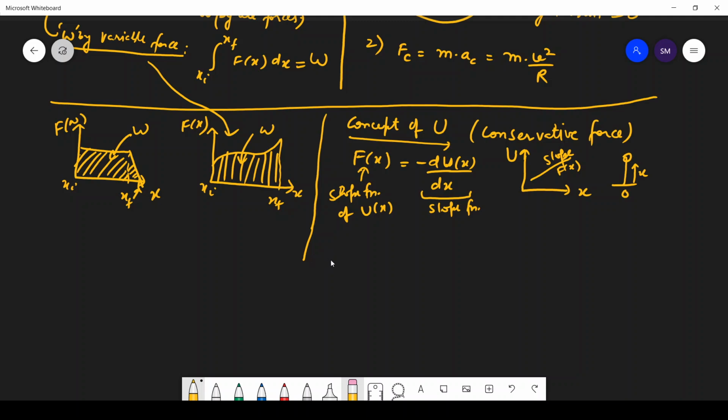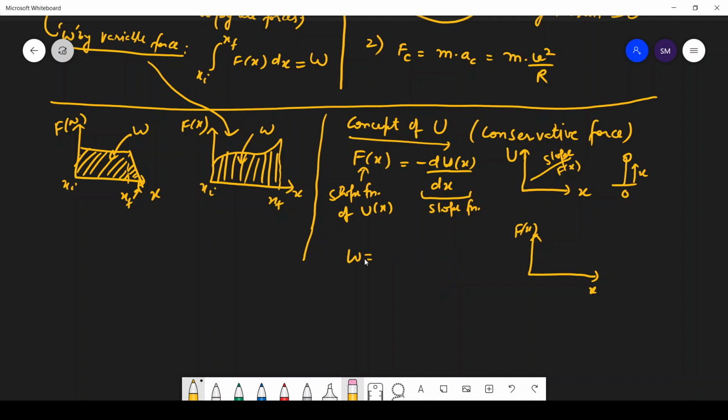And further, now if you have a graph between f and x, same as this graph, then this work done that I have written over here is equal to minus delta v, or you can now write it as minus delta u. So v and u are two symbols in your book.